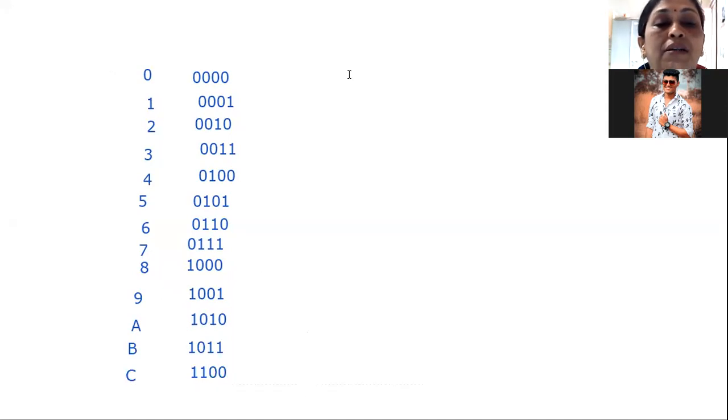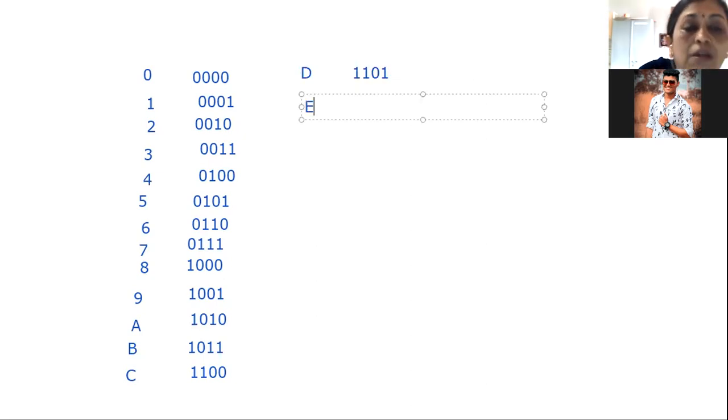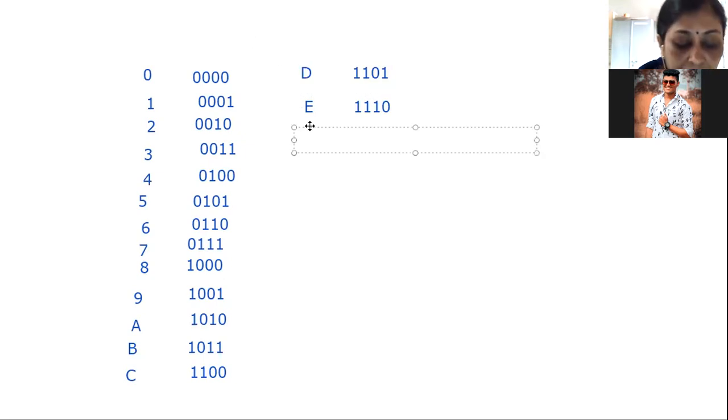Then D, which should be equal to 1101. Then E, equivalent of E is 1110. Then equivalent of F is all ones, 1111.